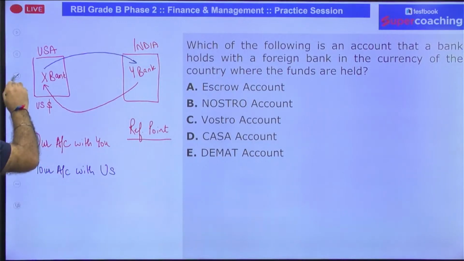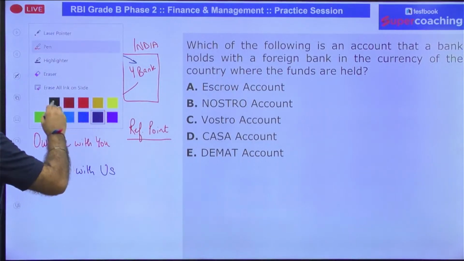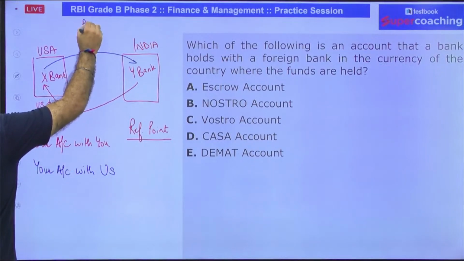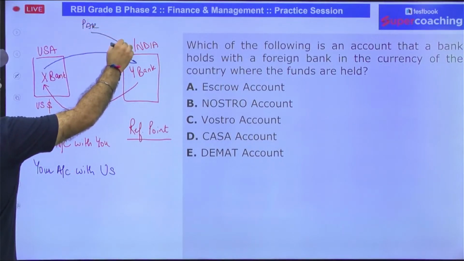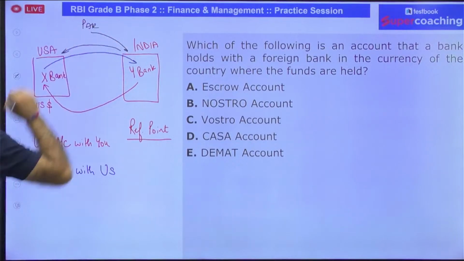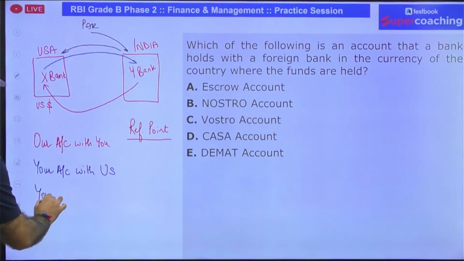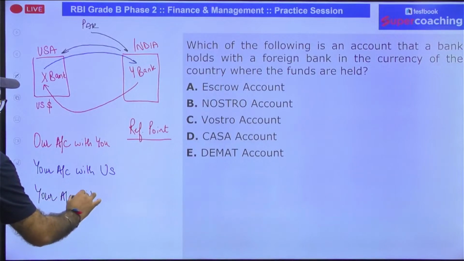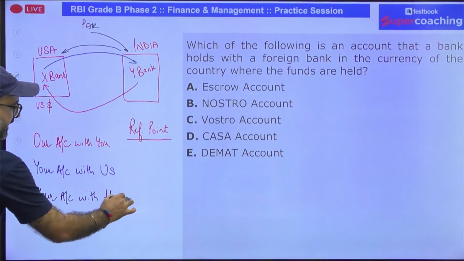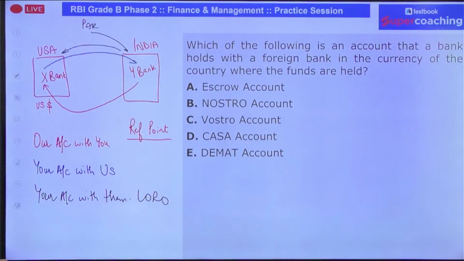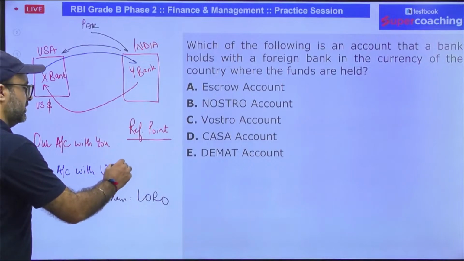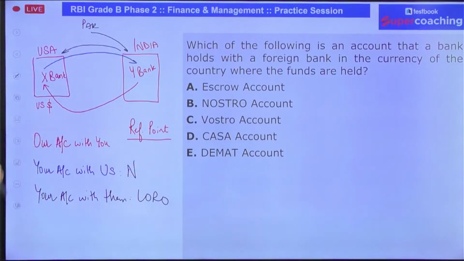And third point is if I'm referring to Pakistan and Pakistan is saying your account with them, so your account with them stands for LORO account. Your account with us stands for Nostro or Vostro.